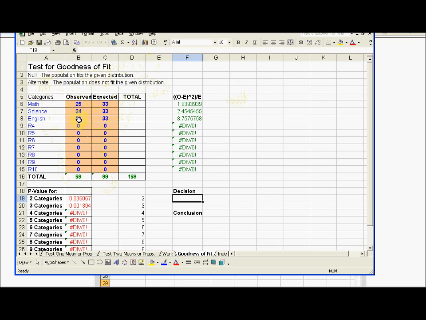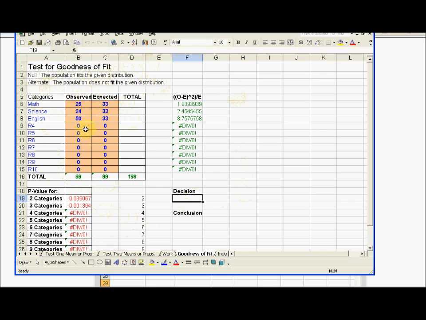Okay, then we put in the observations, and I've made a little sheet here just to walk you through what the goodness of fit test does. There are plenty of different software packages that'll do this for you, so I just gave you a general one so that you could then apply this knowledge to any software package that you see.